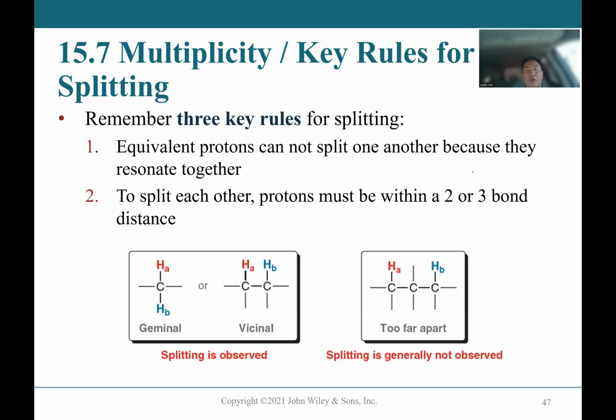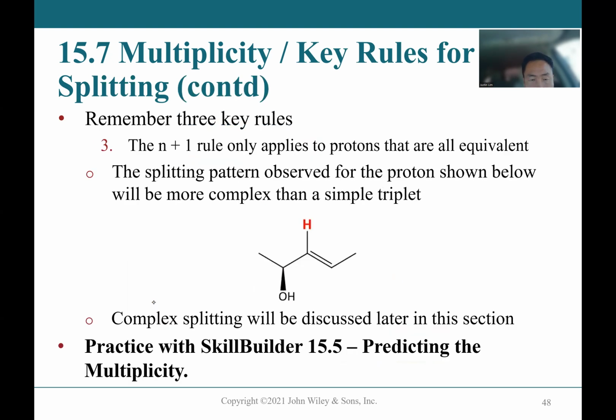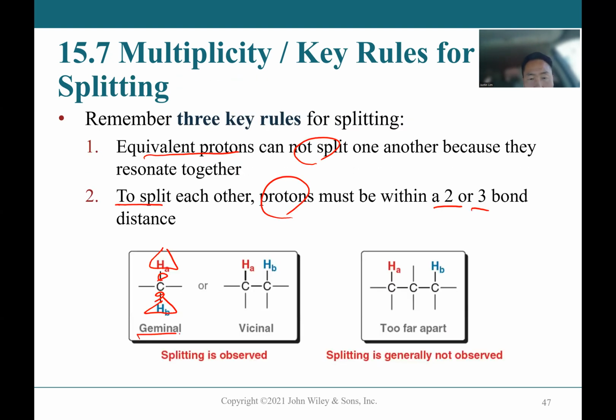So remember, three key rules for splitting. Number 1, equivalent protons cannot split one another because they resonate together. Number 2, to split each other, protons must be within 2 or 3 bond distance. For example, between HA and HB, you can see a 2 bond distance. You can call it geminal.